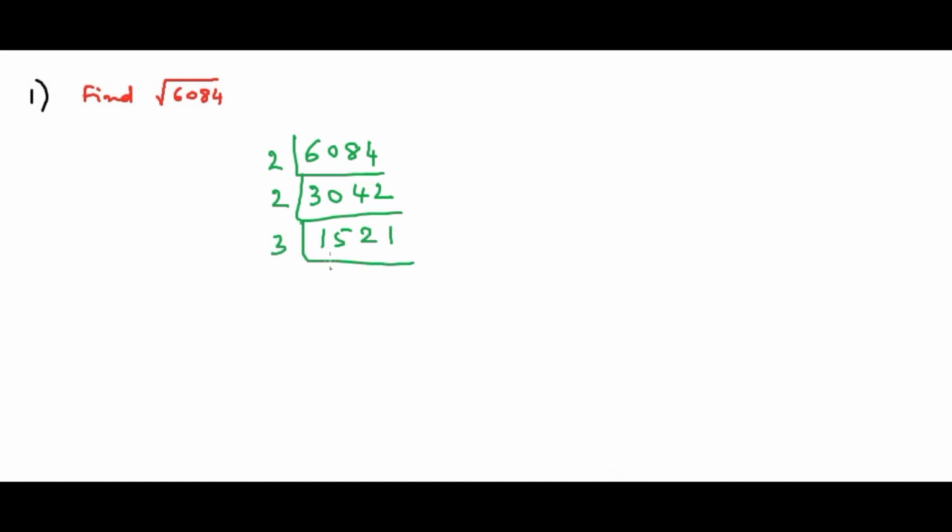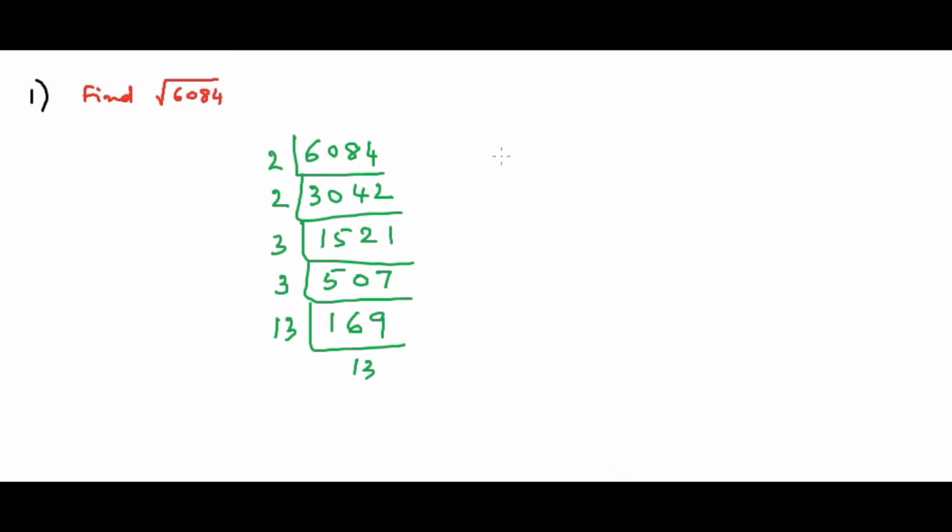Let me divide with 3: 3 5s are 15, 3 0s are 0, 3 7s are 21, and again 3 ones are 3, 3 3s are 9, 3 6s are 18, 3 9s are 27, and 169, so this will be 13 square. As I already discussed, we should know squares up to 20 or 30 numbers, so we should easily write that 13 into 13 is 169.